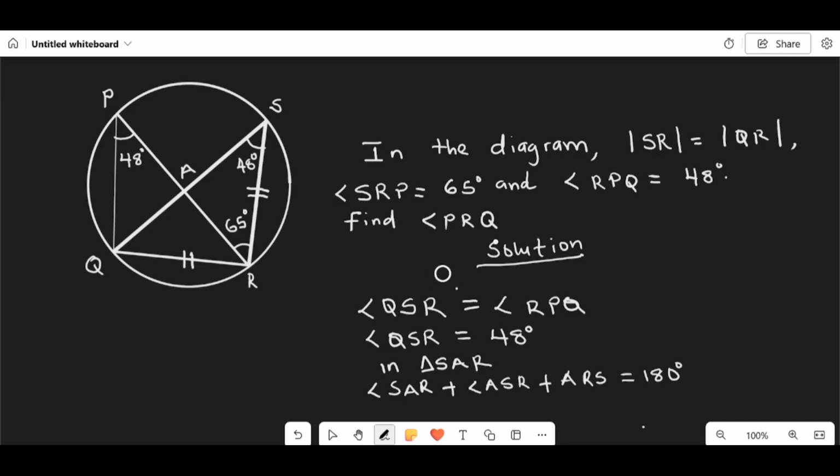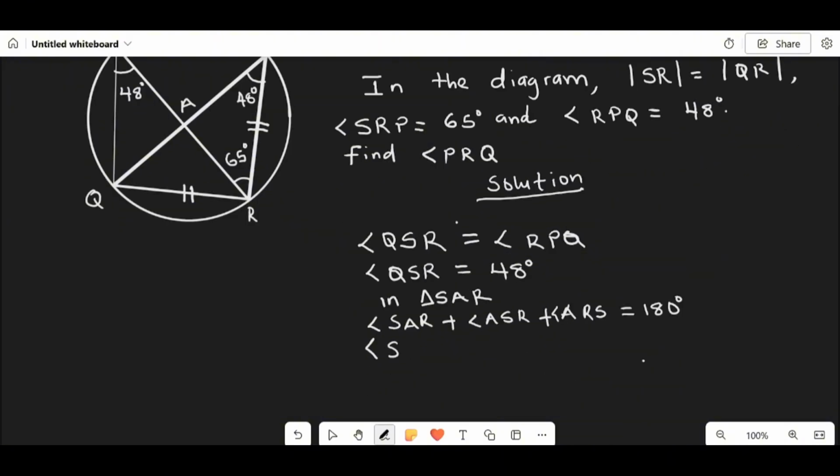So let us substitute our angle AXR, which is 48 degrees, and angle ARX, which is 65 degrees, into this equation.